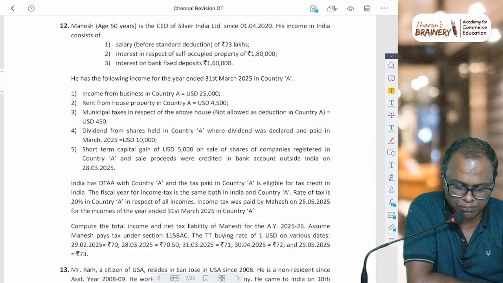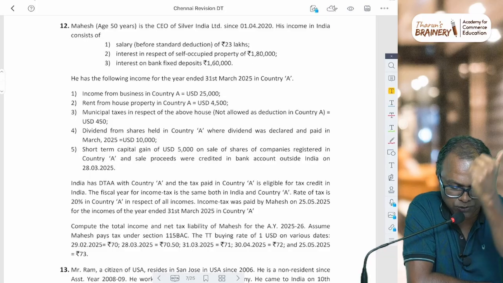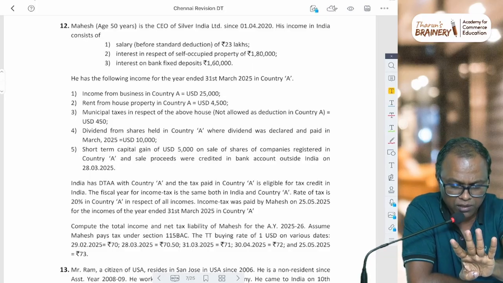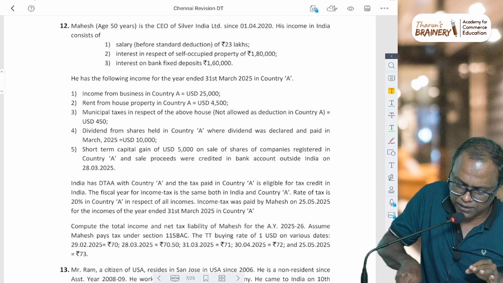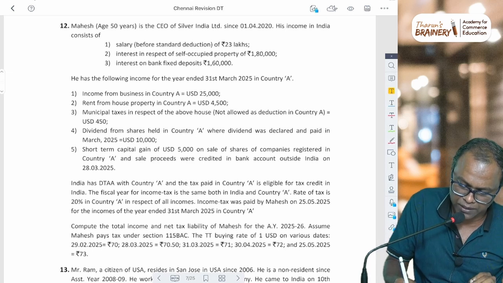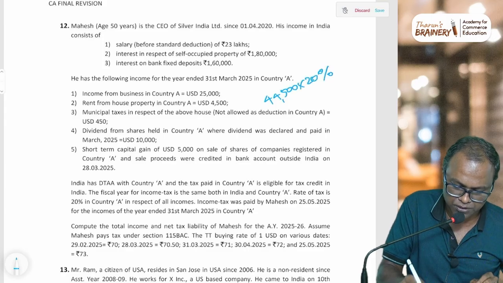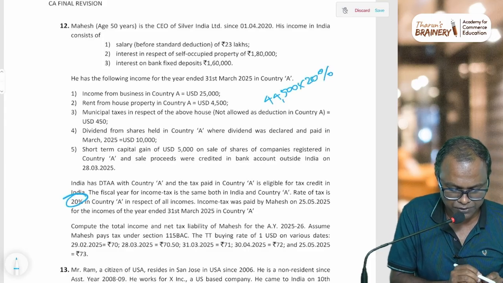So 25,000 plus 4,500 plus 10,000 plus 5,000. What is the total? 44,500. So here the tax payable in foreign country will be 44,500, correct? So 44,500 into 20%. He is paying tax for all income at 20%.